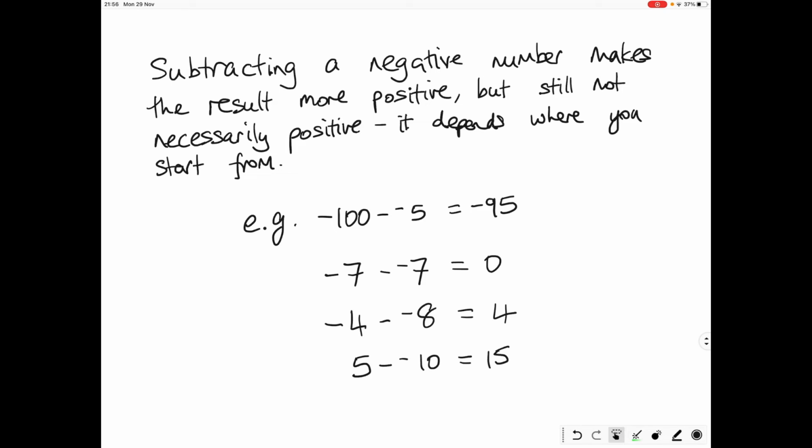Subtracting a negative number is another example that mirrors very well what happens with our emotions. When we take away something negative in our lives, the result is that we feel more positive. But we have to be very careful to note that it's just more positive and not necessarily positive overall.